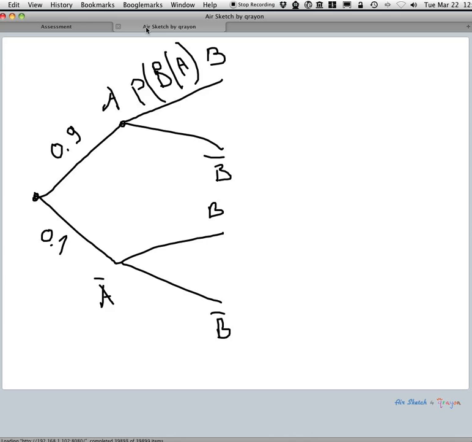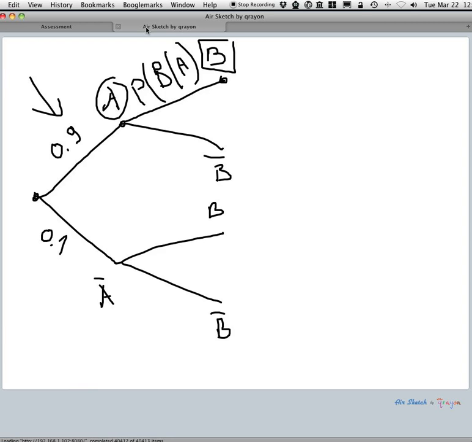Remember, after the first level, in which you have just the probability of A, from the second level on, every time you have conditional probabilities on the tree diagram. So you have the probability of B conditional on what was before B, in this case A. So the probability of B given A.